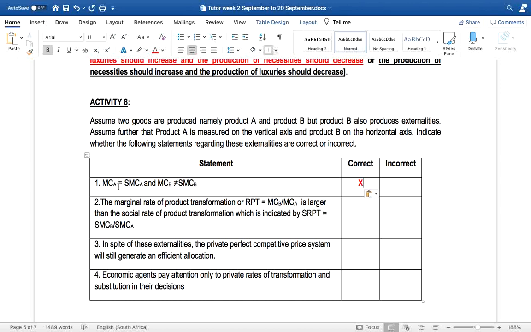Marginal cost A is equal to SMC A, and marginal cost B is not equal to SMC B. We said your marginal rate of transformation is MCB over MCA, and SRPT is SMCB over SMCA. We already know that SMCB is greater than marginal cost B, so this is incorrect.